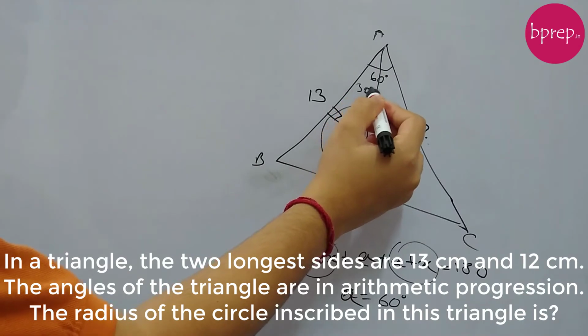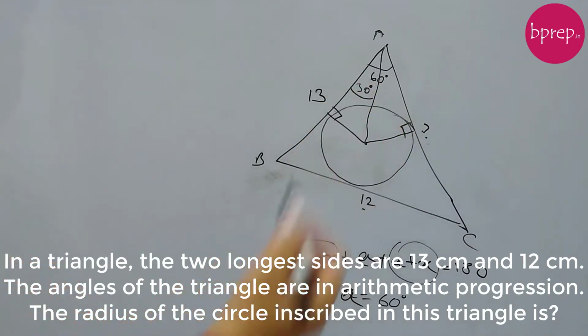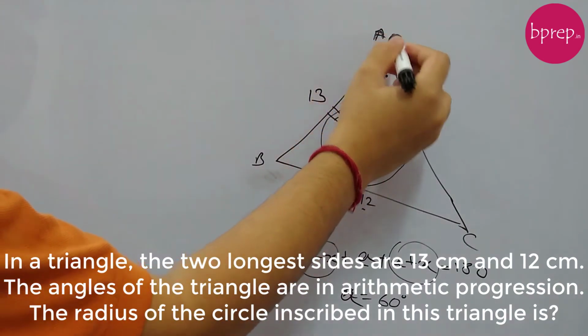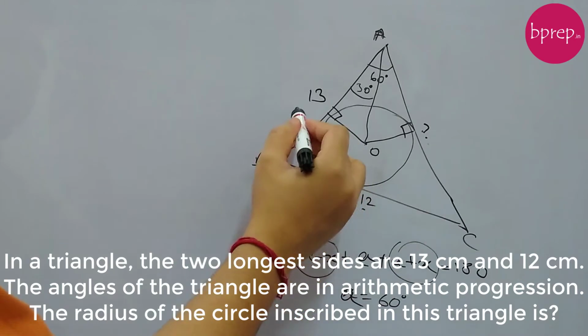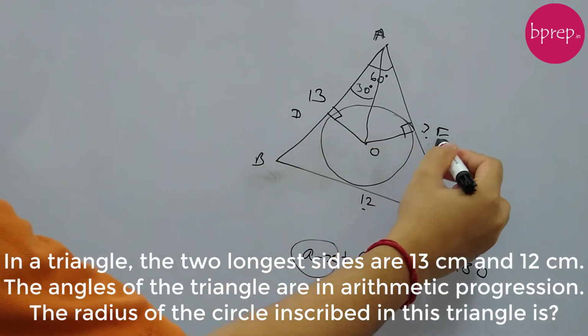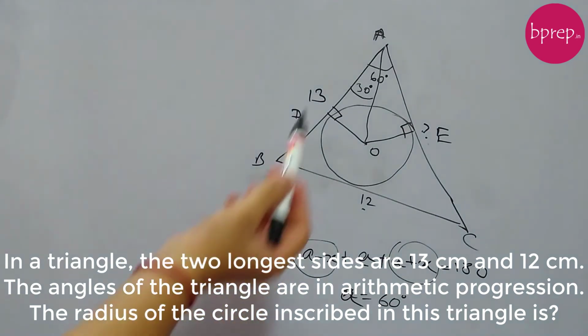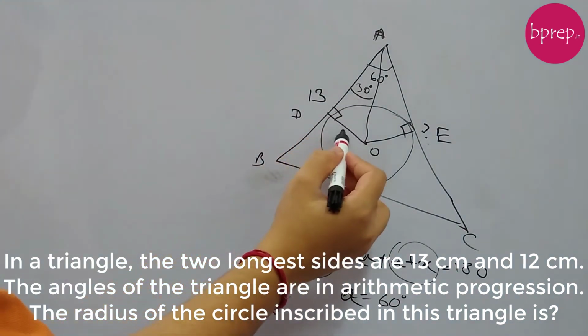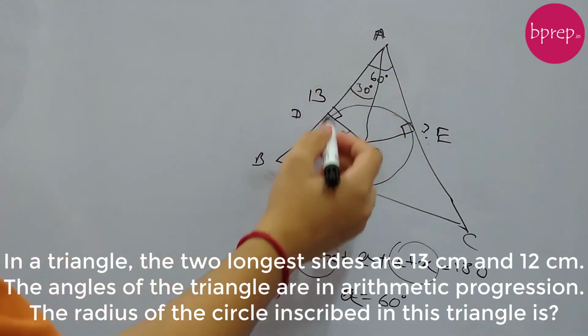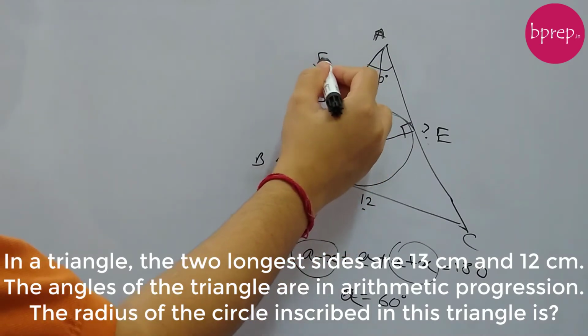So this angle is 30 degrees, and this angle would also be 30 degrees. Now in the right angle triangle, let's say this is O, this is D, this point is E. In the right angle triangle ADO, if this angle is 30 and this side is R, then can we say AD is root 3R?